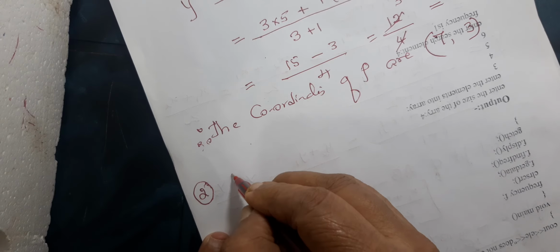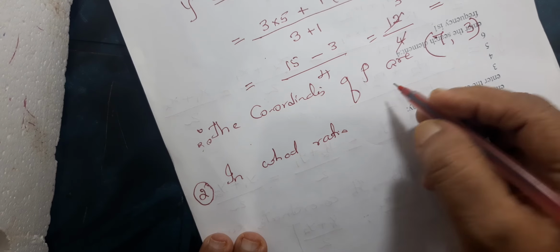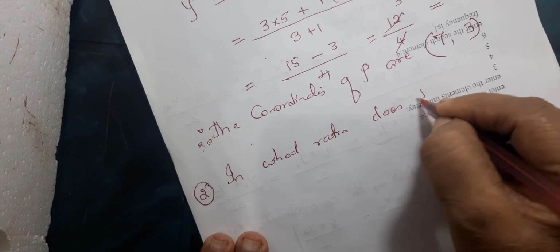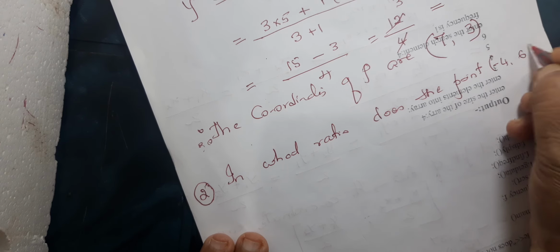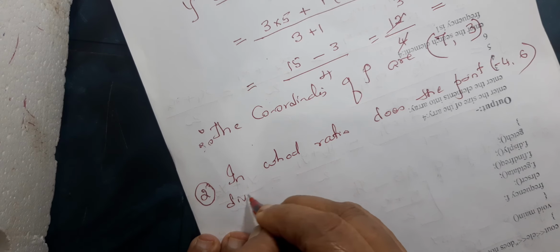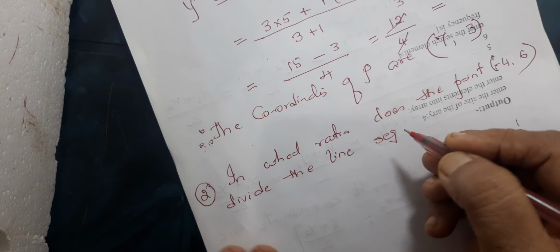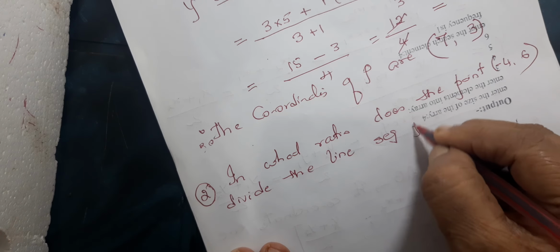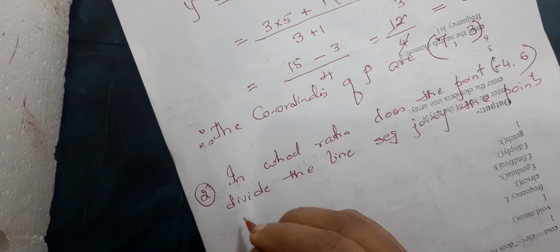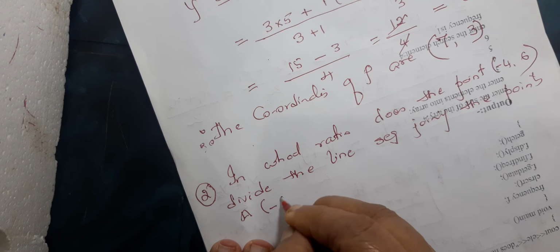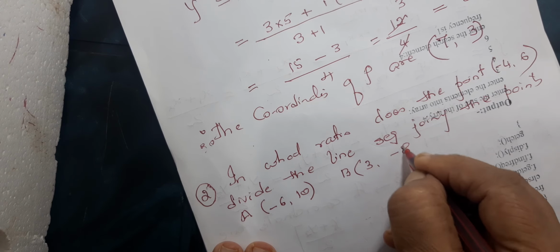So the second type here: in what ratio does the point (minus 4, 6) divide the line segment, you have to be careful, please read the sum 2 times in the examination, joining the points A, they have given minus 6, 10, and B they have given as 3, minus 8.